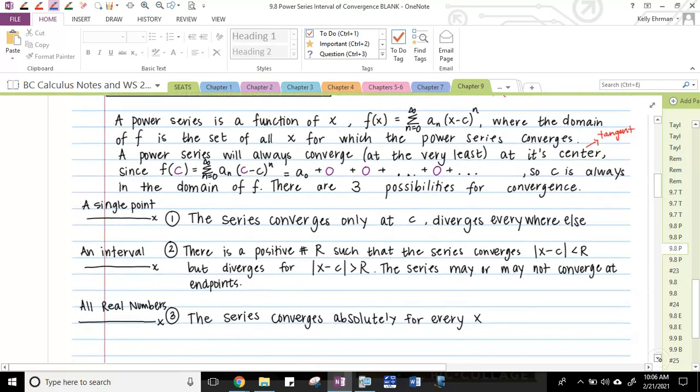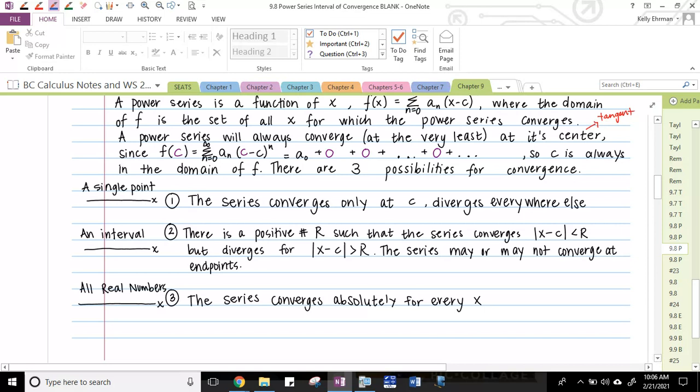Let's look at this. There are three possibilities for convergence. Like I said, we could just converge at a single point. So there's some single point c, the point of tangency, the center, where the series converges, and maybe everywhere else it diverges. That would be a radius of 0, because there is no distance beyond the center c.